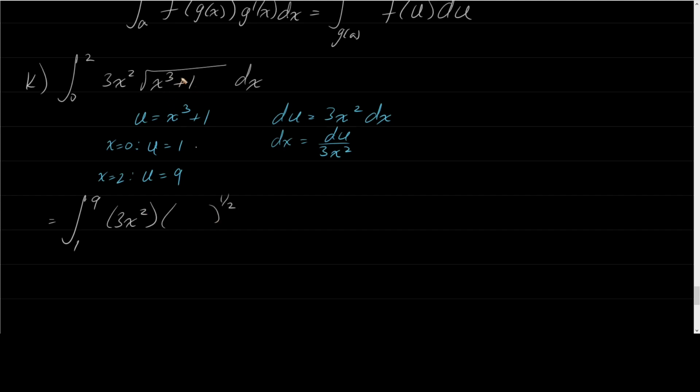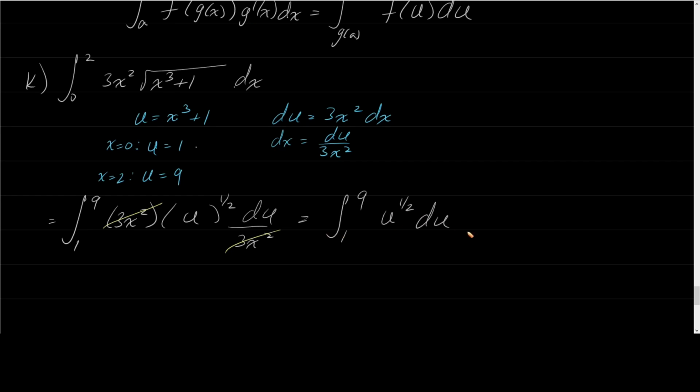This x cubed plus 1, that was our u, and then this dx, that was our du over 3x squared. And what you'll note there is that the 3x squareds cancel each other out. So what we really have here is just the integral from 1 to 9 of u to the 1/2 du.